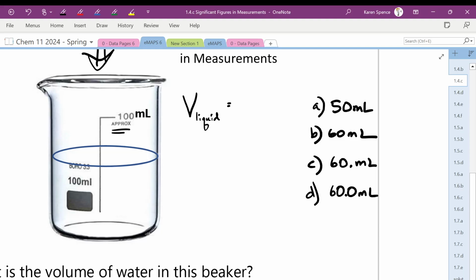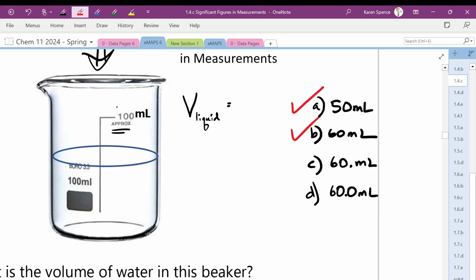And how about 60.0? Yeah, that one is way too precise, right? We've gone to way too many decimal places because how could we possibly know that it's 60.0? There's only a 100 milliliter marking on here, right? To be honest with you, either of these are okay.